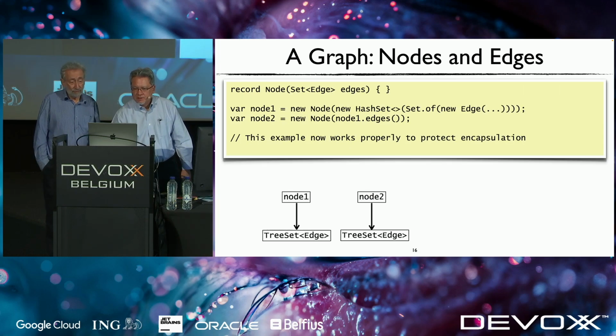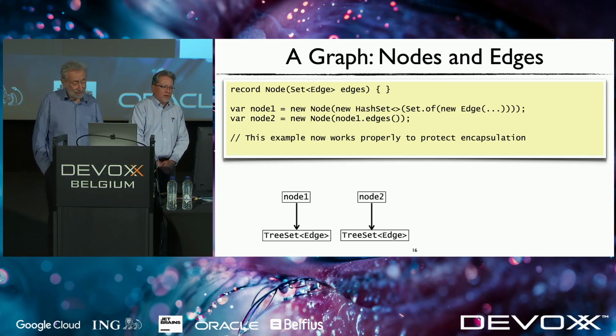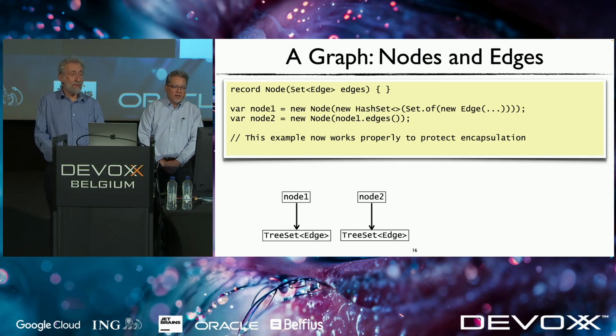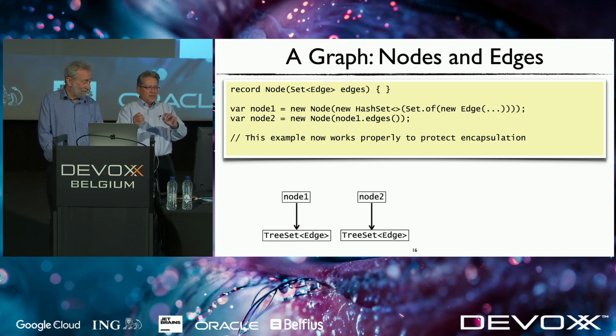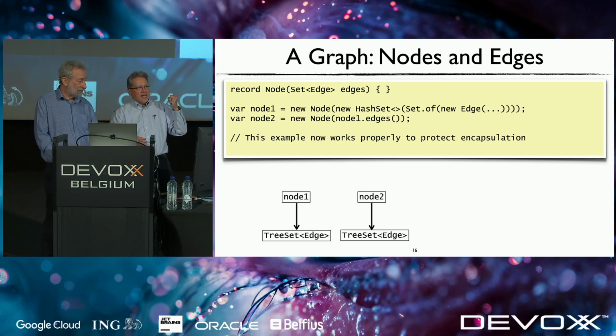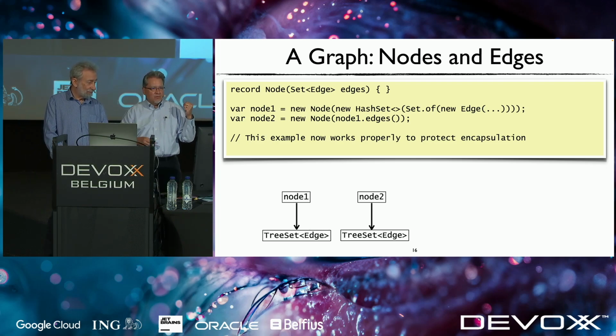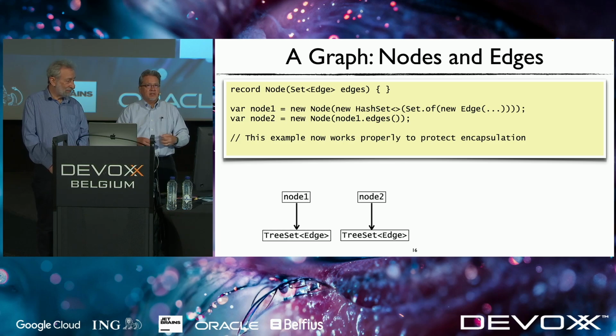Yeah. Okay. So let's revisit one of the previous examples that I showed, where you create a new node, passing in a freshly created hash set, and then create a second node by getting the hash set out of the first node and passing it to the second when constructing it.